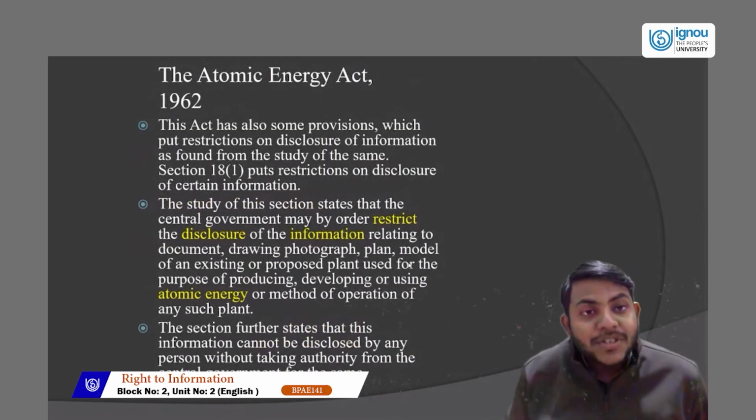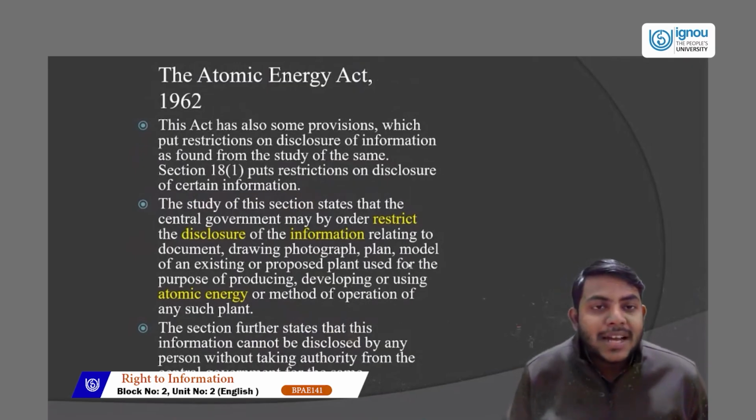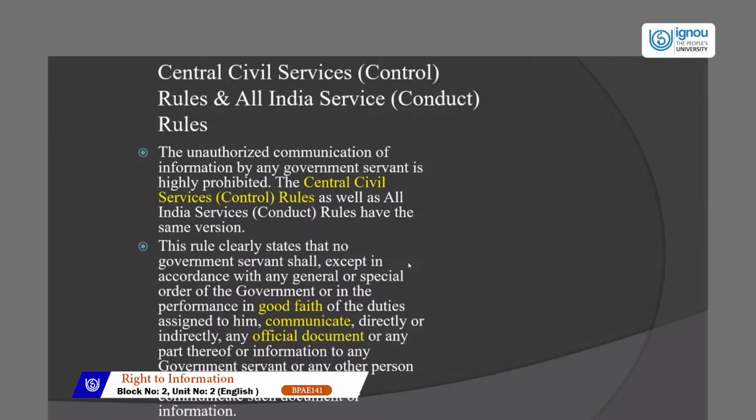There is another limitation that we must discuss, that is relating to the Atomic Energy Act of 1962. This Atomic Energy Act of 1962 also has some provisions which put restrictions on the disclosure of information.